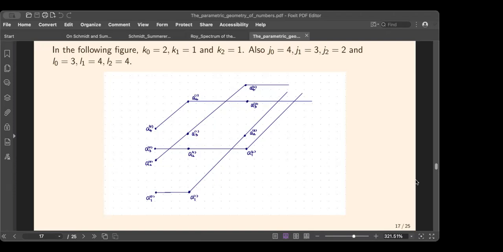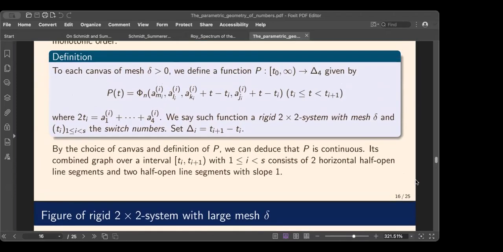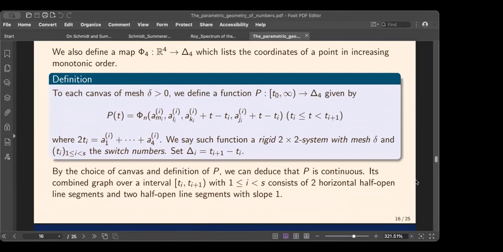Can you go one slide back? This is just a definition. So you change two elements of the a vector into two ones.